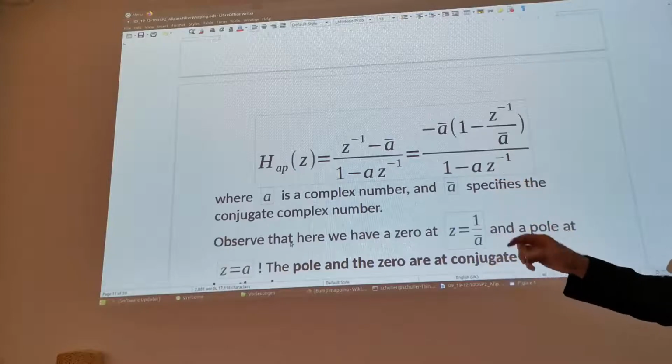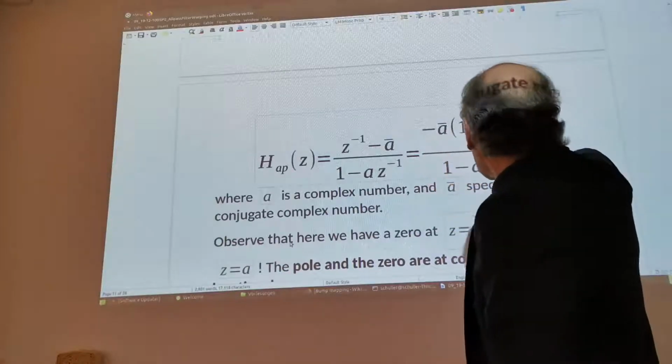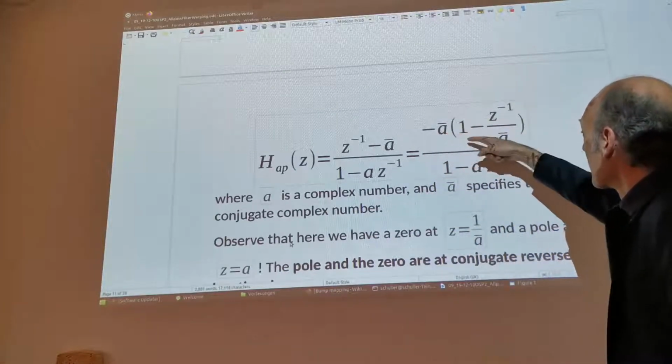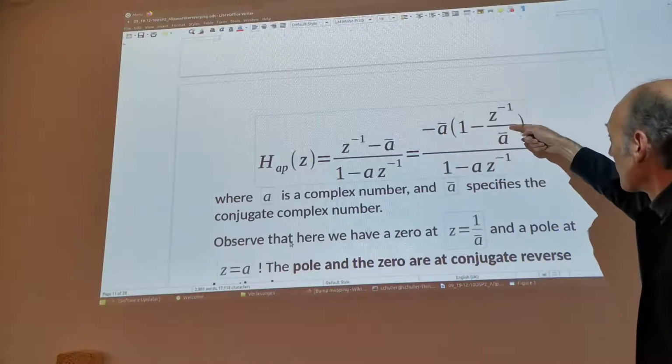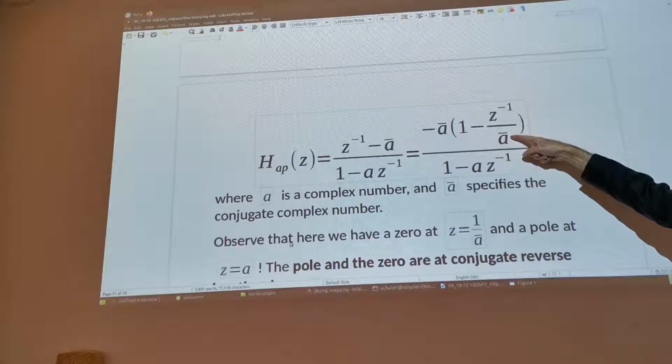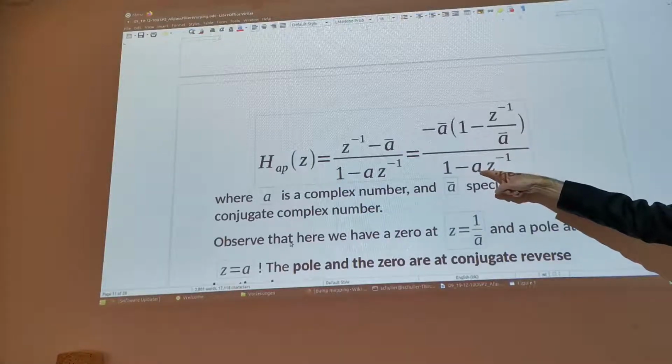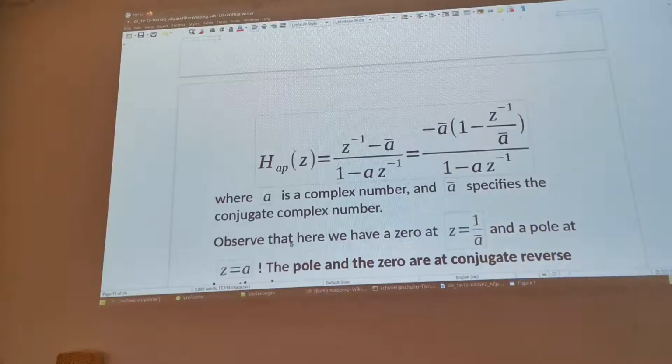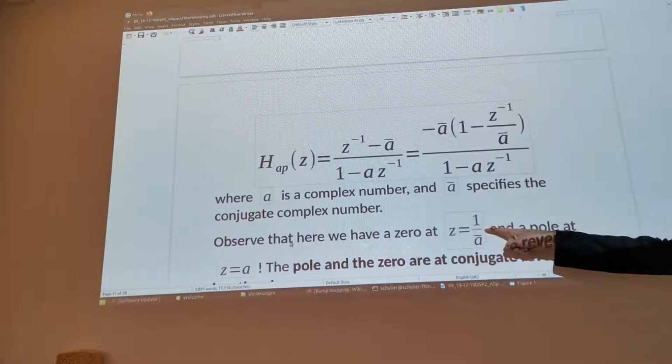Right. And you can also rewrite it here by factoring out this A, as having the 0 at 1 over A bar, and here you have the pole at A. Right? So each are at conjugate complex positions.